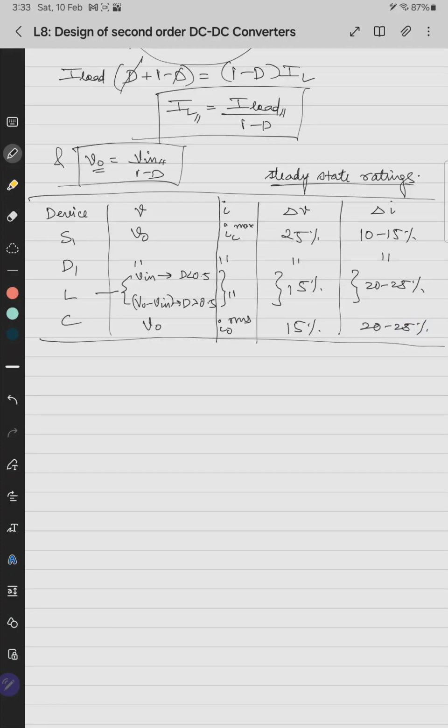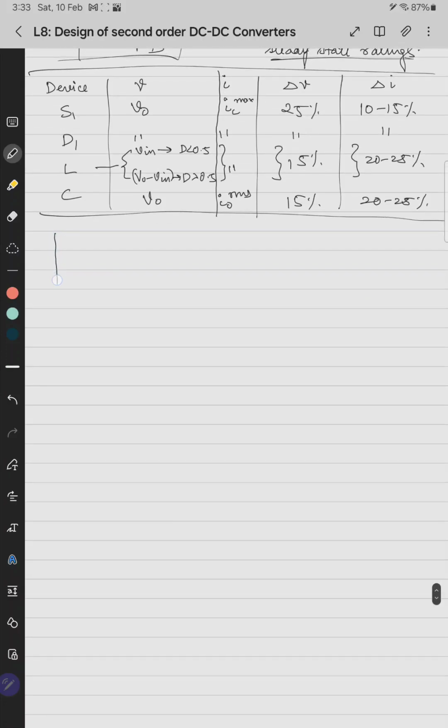Now what is the preferable range of operation of the boost converter as per the DC voltage gain? This is 1, this is 0.5, so this is 1.